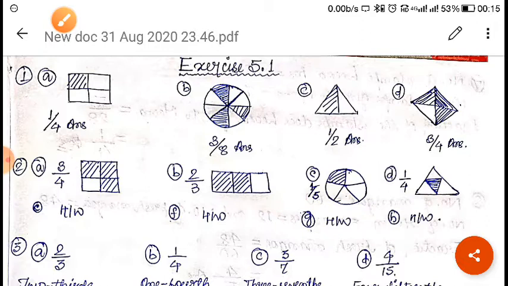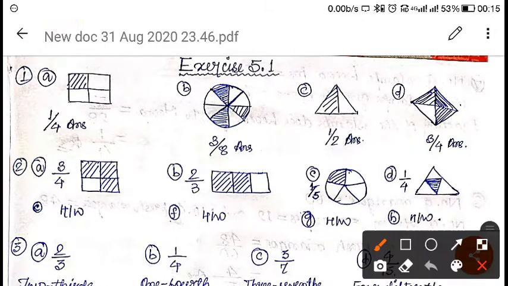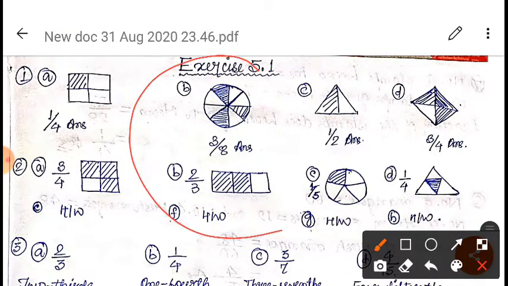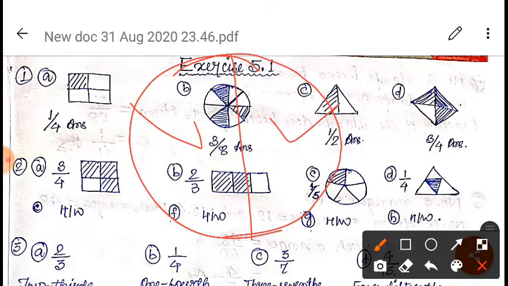Suppose this is a cake, and this cake is divided into two equal parts. Suppose one part is given to you and another part is given to your brother or sister. So how much part are you getting from this cake?